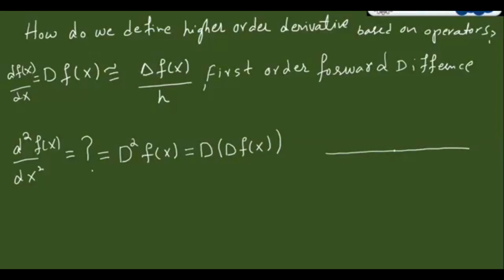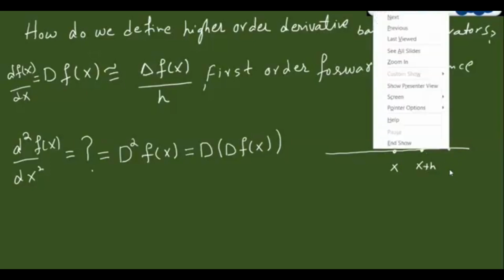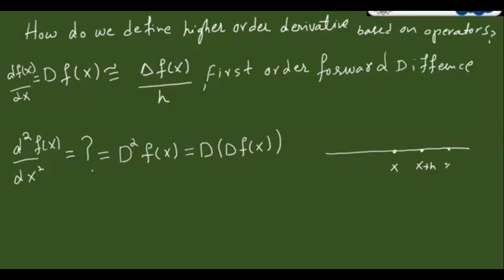If this is the point x, then the next point is x plus h. The point situated ahead of it can be labeled x plus 2h, and so on. I hope you understand what this means.